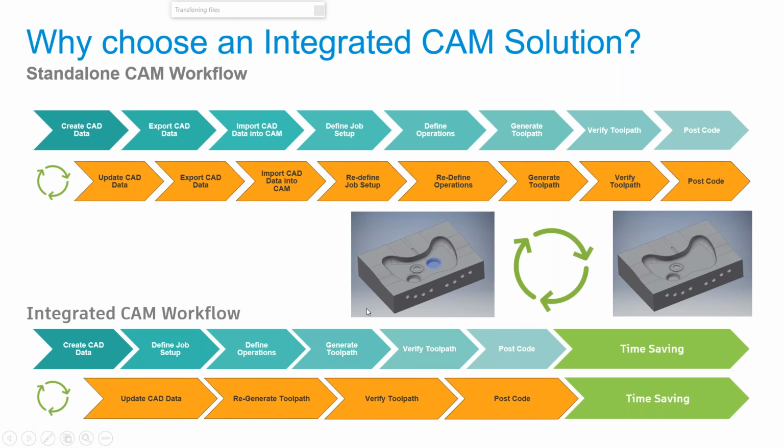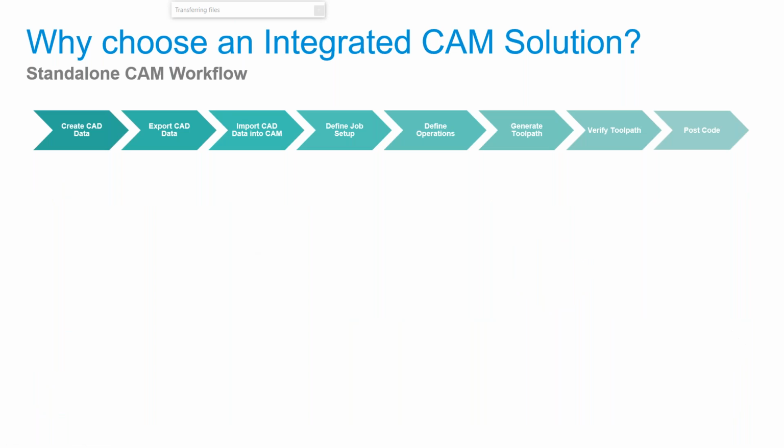But what happens when things change and get updated? Design is a continuous activity and it undergoes change. There are reasons why designs have to be continuously upgraded or modified. And when that happens, what does it look like for a standalone CAM workflow?